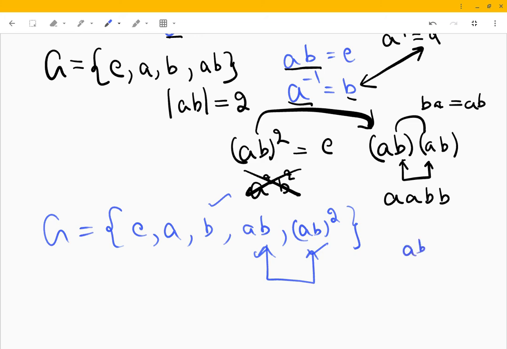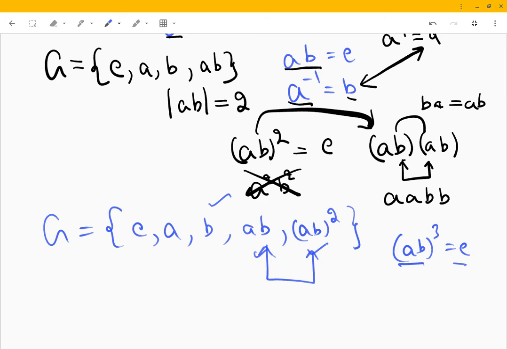This means that AB cube will be E. If I close the set here and I call it a group, then this should imply that.